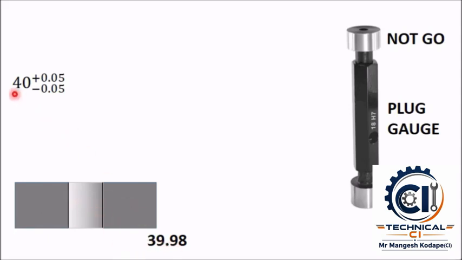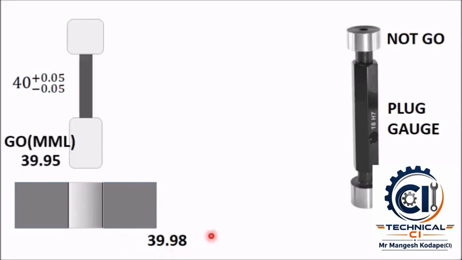I require the same dimension, 40 ± 0.05. Here the go gauge dimension should be 39.95 because it corresponds to the maximum metal limit. Maximum metal will be in this plate only when the hole diameter is lesser, that is 39.95.